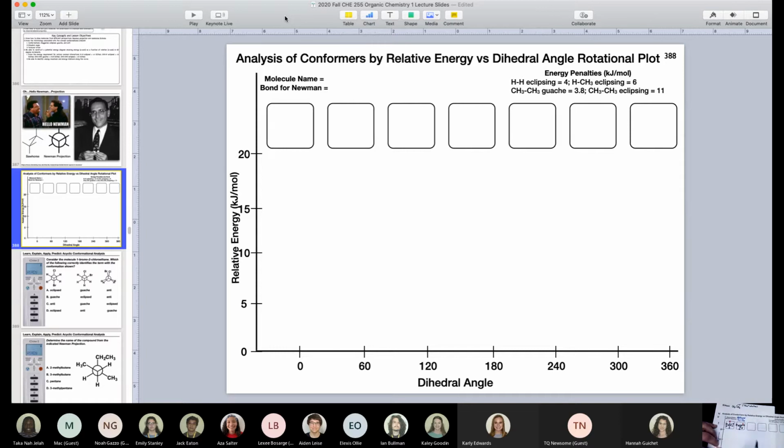So we have 1, 2, 3 HH eclipsing interactions. Each has a penalty of 4 kilojoules per mole, so that's 12. So we did a 60-degree rotation now. Here's 10. So we're estimating this data point about there. Let's go ahead and do another rotation.